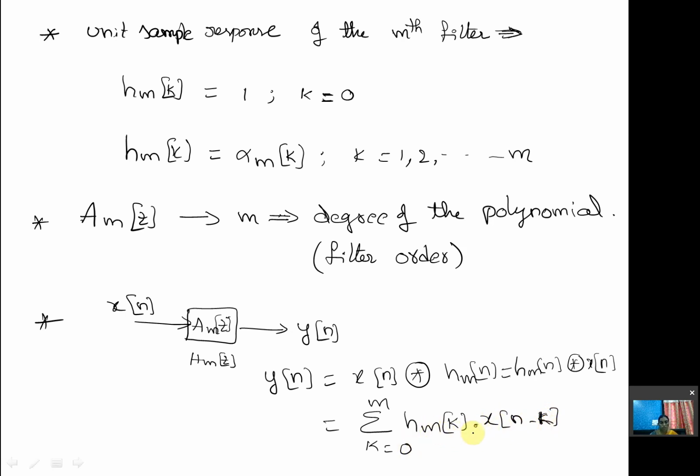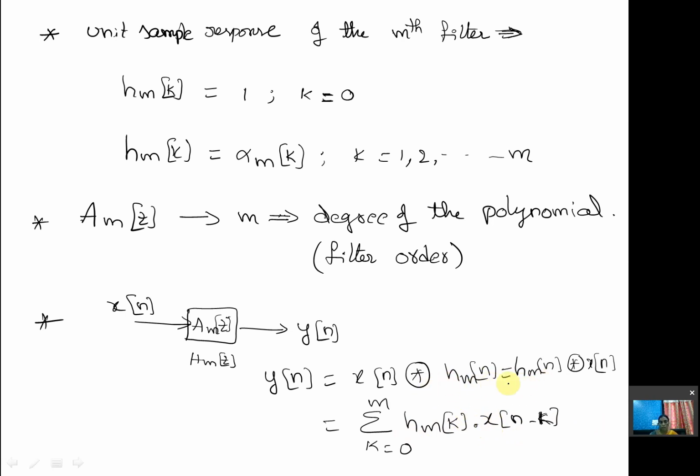Now hm of k into x of n minus k can also be written as x of k into hm of n minus k, but for simplicity of calculations I am taking it like this. Both of these equations are equal.